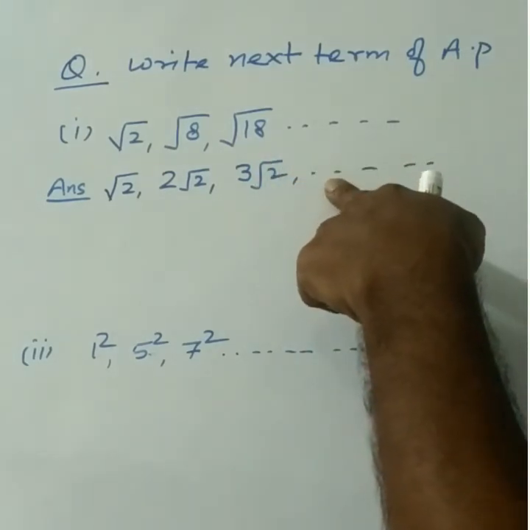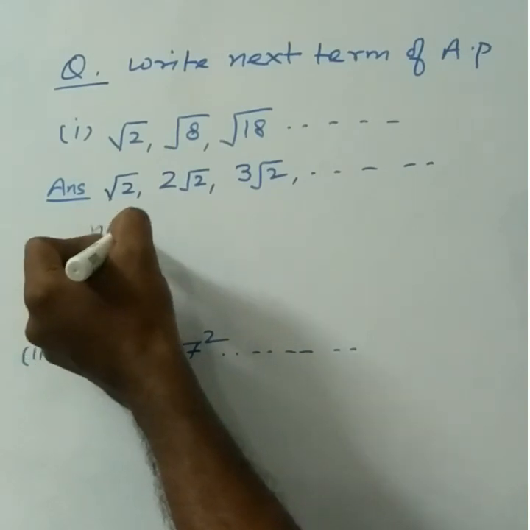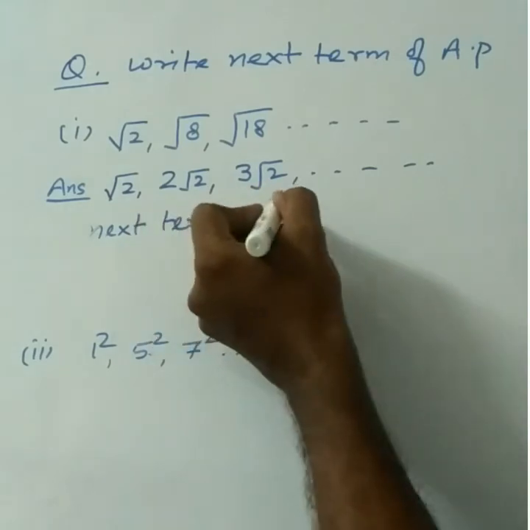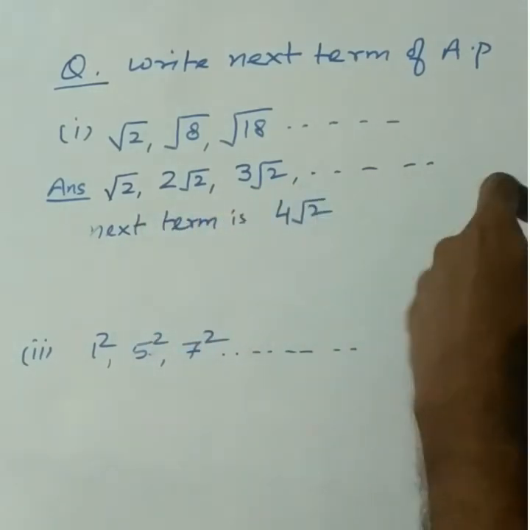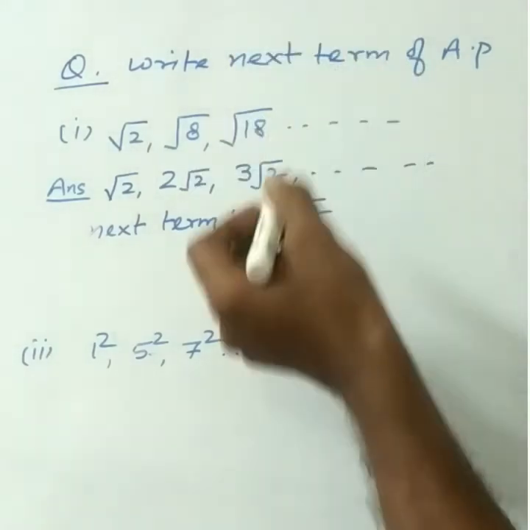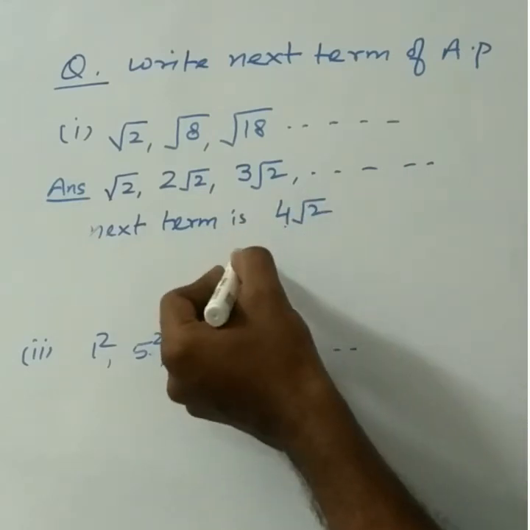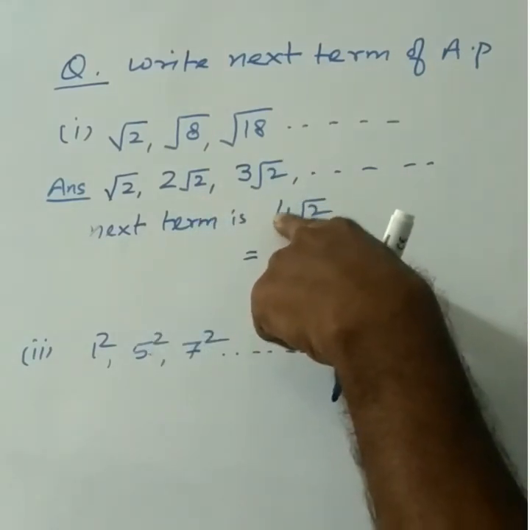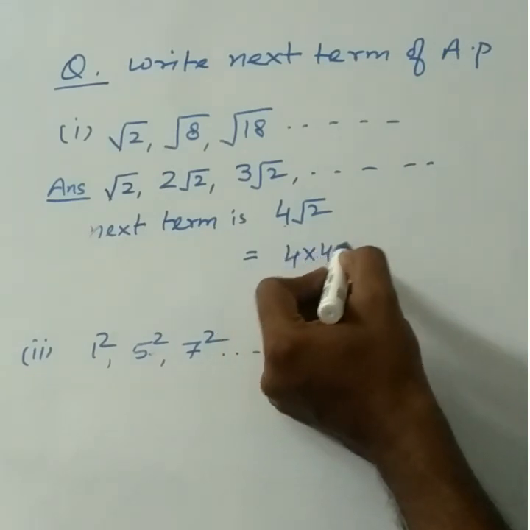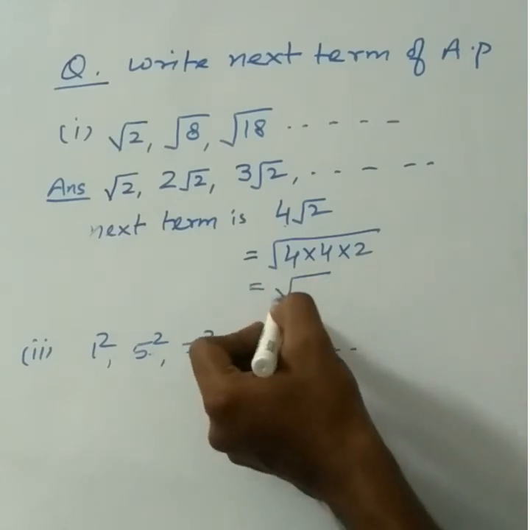Then next will obviously be 4 root 2. If we wish to write this 4 root 2 in root form, we have to shift this 4 into the root sign. When we shift 4 in the root sign, it becomes 4 square. So 4 into 4 into 2 in the root, which will be root of 32.